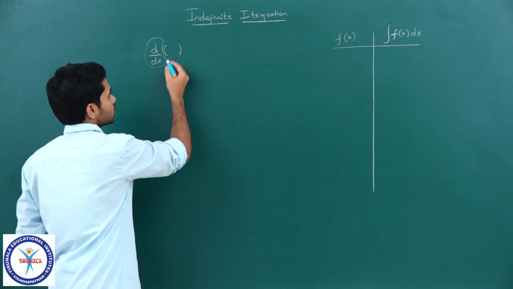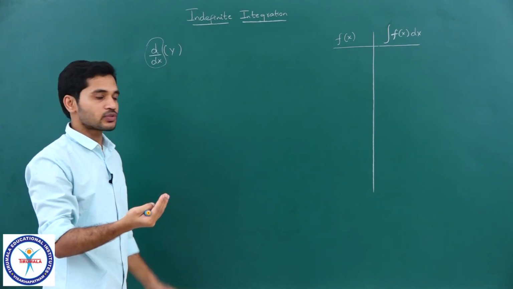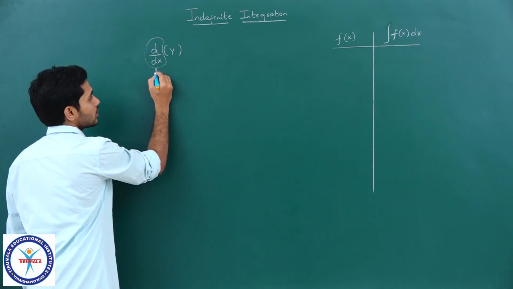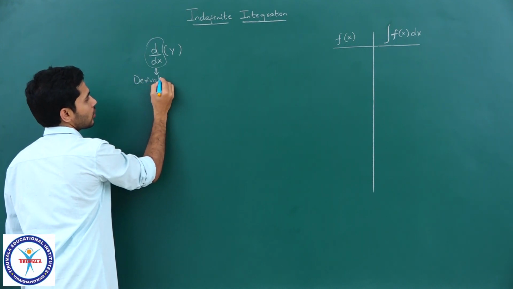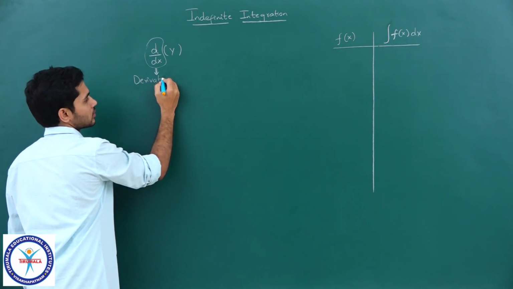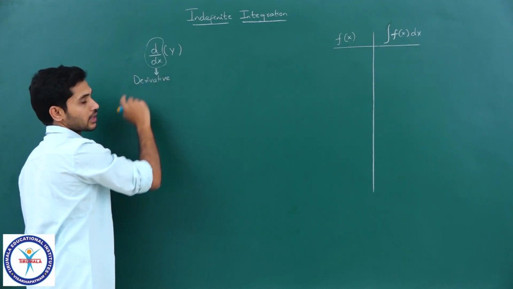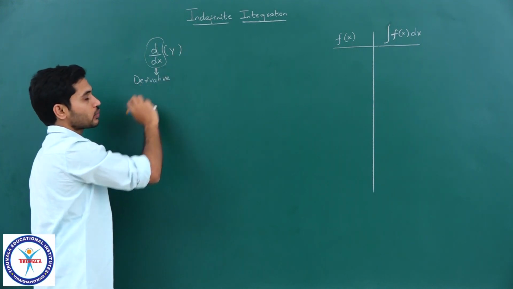So, if you substitute y, it finds out at what rate y is changing with respect to x. So, this is an operator which performs derivative or differentiation, correct. In simple terms, this operator calculates the slope of variation of y with respect to x.